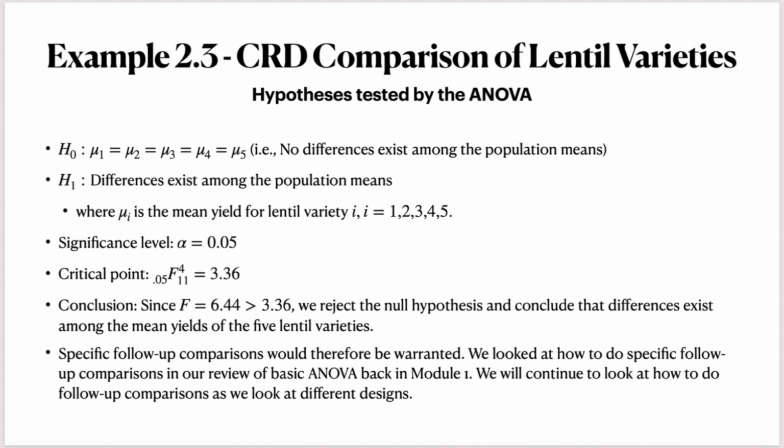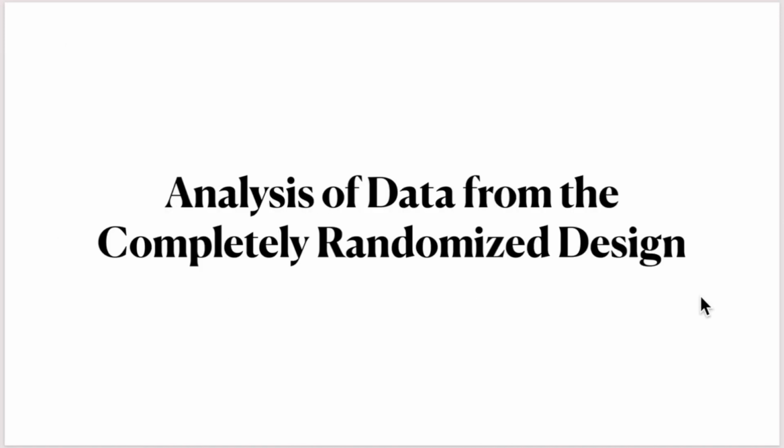Again, you've seen these calculations before, but as we move forward and look at more complicated designs, it's going to be better if we use these shortcut calculations where we calculate the correction factor and then subtract that correction factor off from the various types of sums of squares.